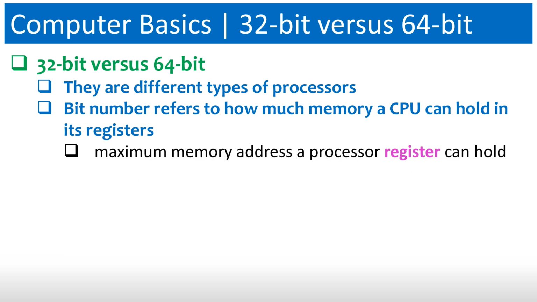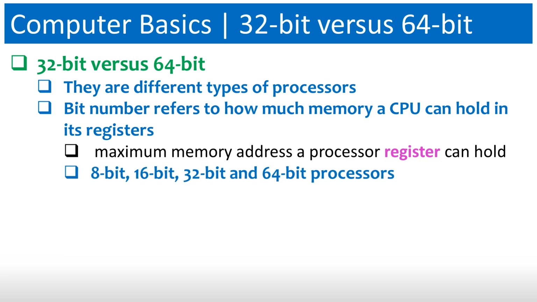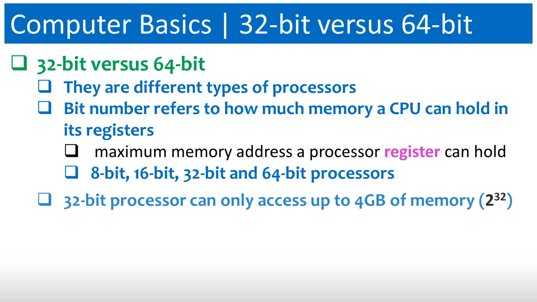The maximum memory address a processor register can hold is often a key indication of whether this is a 32-bit system or a 64-bit system, or it could be an 8-bit system, 16-bit, etc. What is the maximum memory address that can fit in a register for the CPU? If a CPU is 64-bit, that means it can hold up to 8 bytes in a single register. If it's 32-bit, it holds up to 4 bytes in a single register. If it's an 8-bit system, it can only hold 1 byte in a single register.